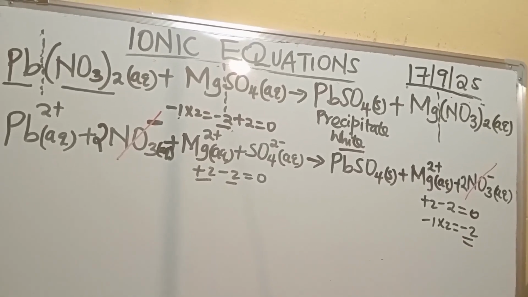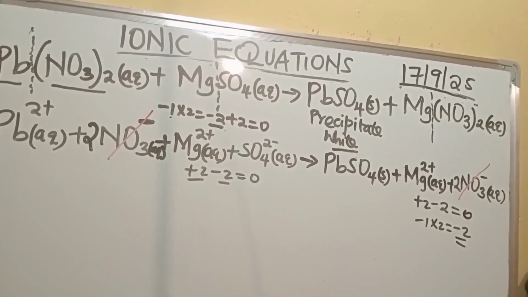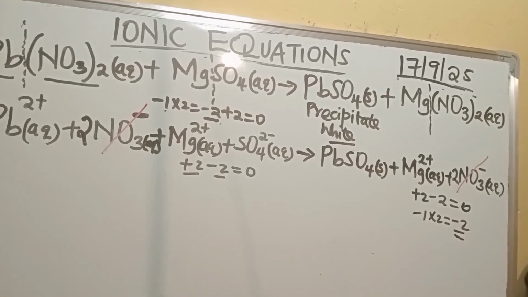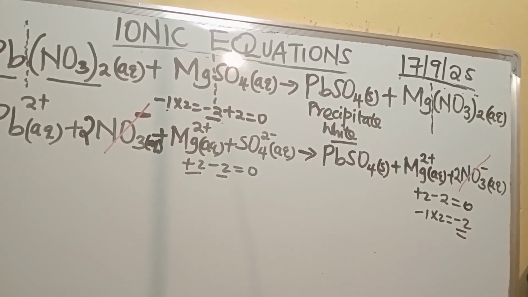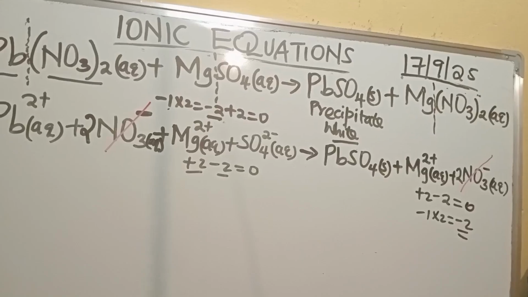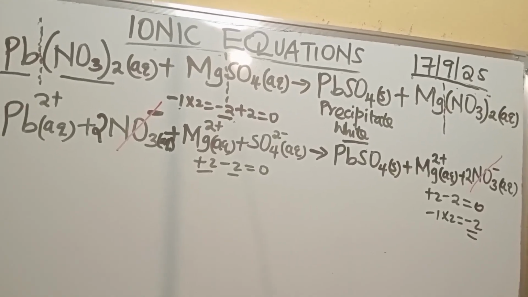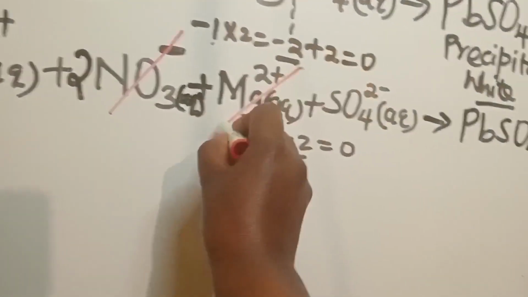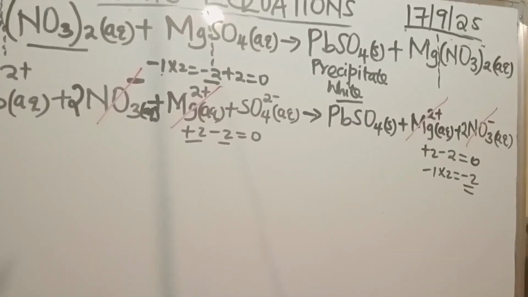We have capital M, small g, 2 positive aqueous. That is in the reactant side. On the product side, we have it the same way, a capital M, small g, 2 positive aqueous, meaning it did not change. So we again cancel it. We also cancel it like that.